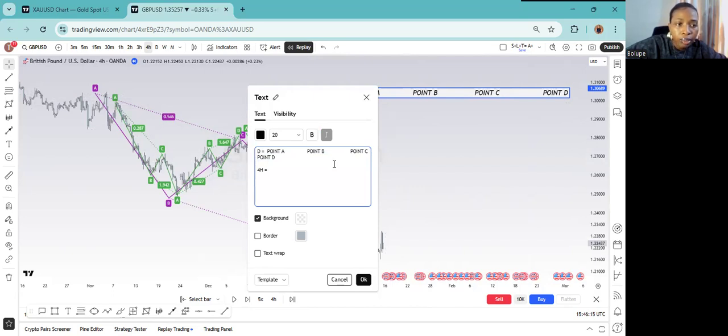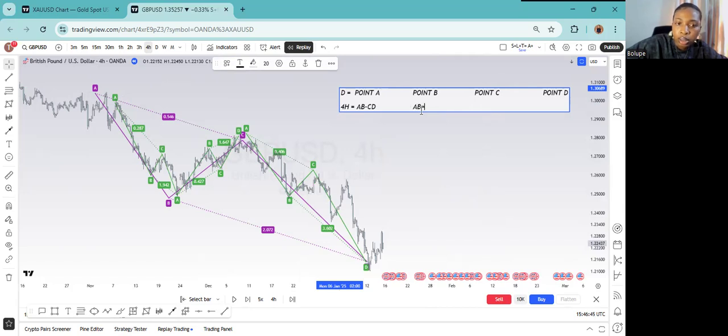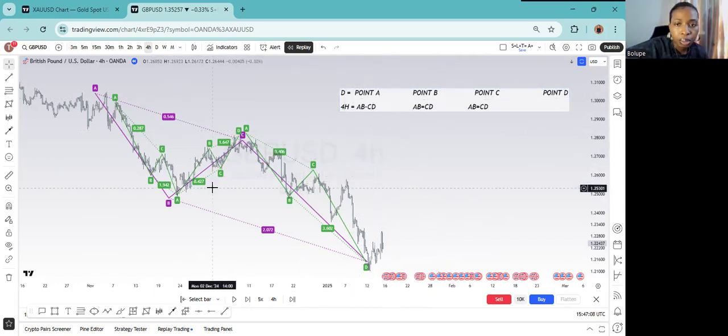Inside point A, H4 also has A, B, C, D. Inside point B, it also has A, B, C, D. In point C too, it has A, B, C, D. Okay. So those are the 3 points.